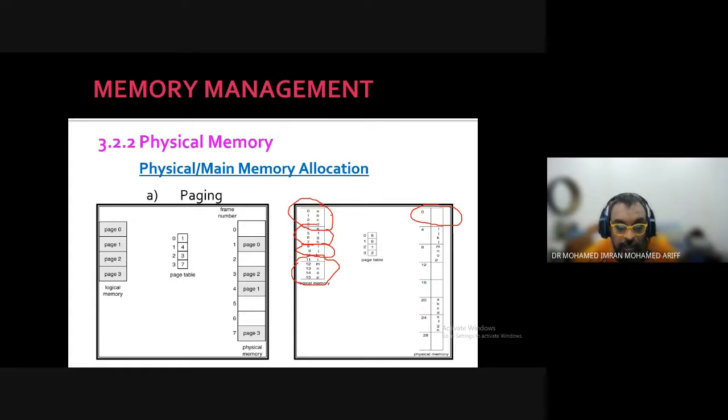Okay, so let's take, for example, this one here. So this is in page 0. Where is it? It's in frame number 5. Where is frame number 5? 0, 1, 2, 3, 4, 5. It's here.